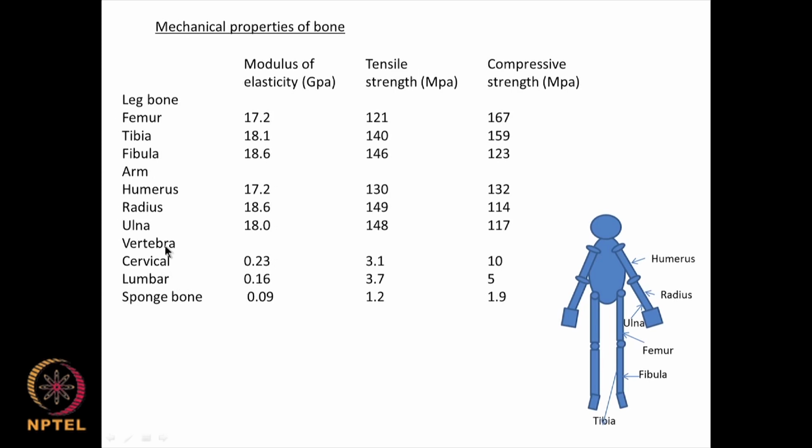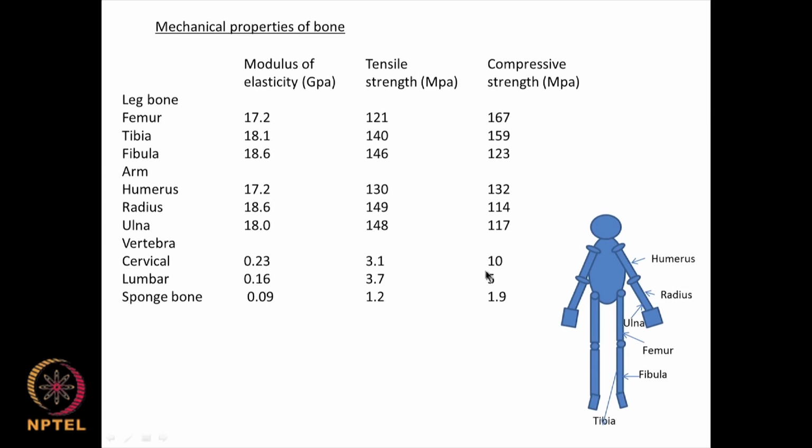If you look at the vertebra, cervical modulus of elasticity is quite small, 0.23, lumbar has 0.16, and the spongy bone, that is the bone which connects with the socket, has a very low modulus of elasticity, 0.09.